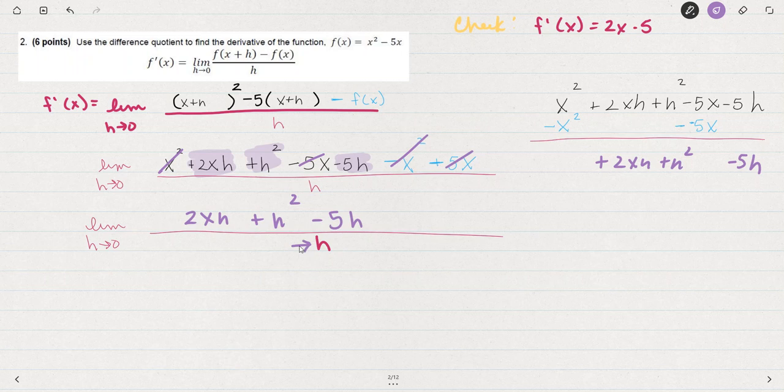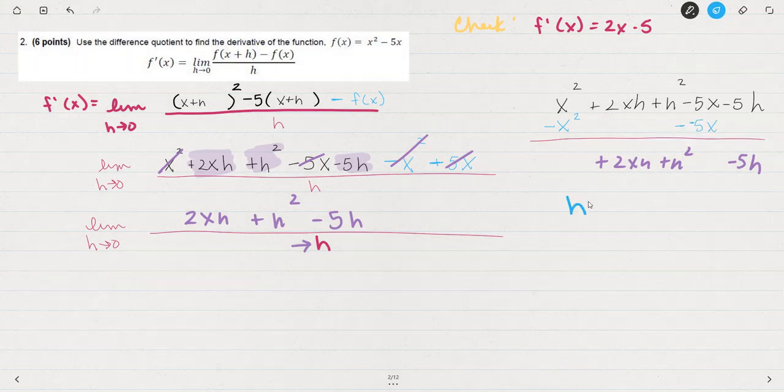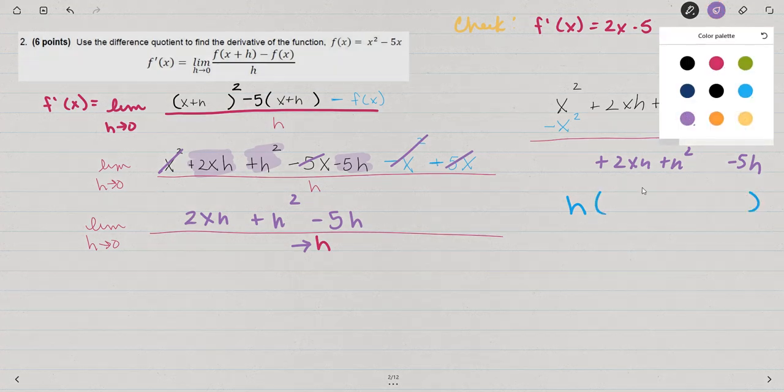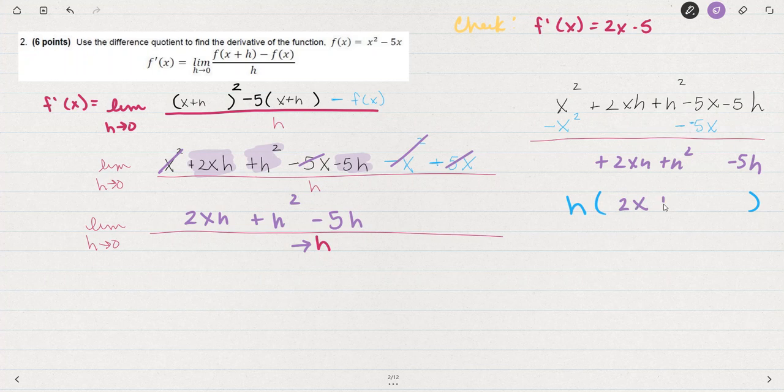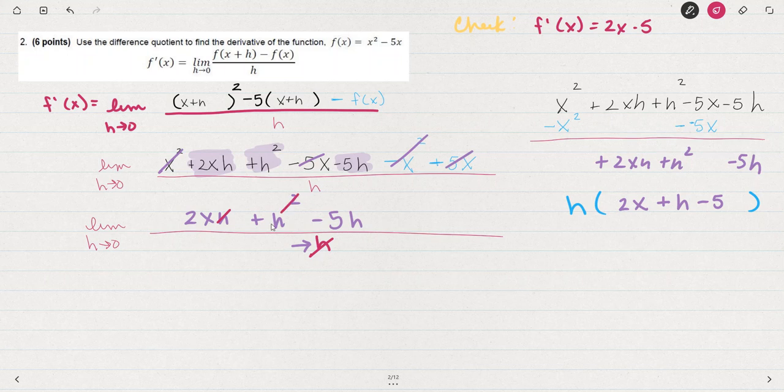And you can see in this numerator, the purple numerator, 2xh plus h squared minus 5h, that I could actually factor out an h, right? I'd get h times, I'm just doing it off to the sides in case you're not visualizing this, h times the quantity of 2x plus h minus 5. But what I'm doing here is I'm taking this h and dividing it into each of the h terms.